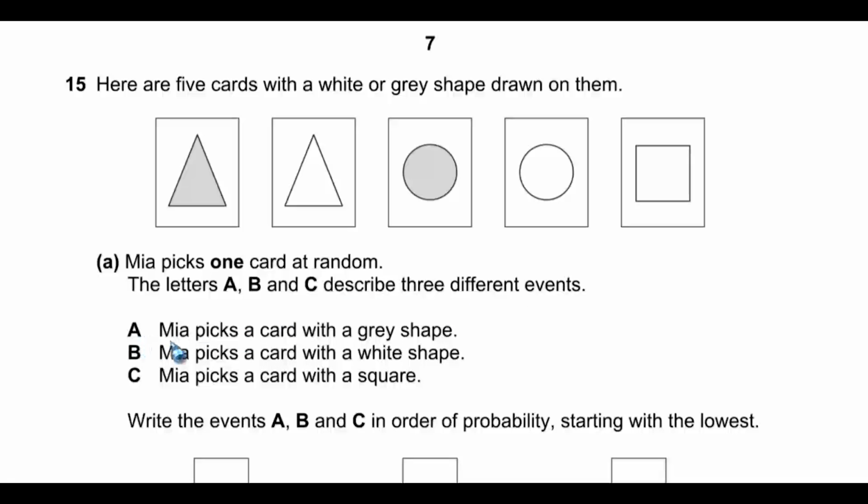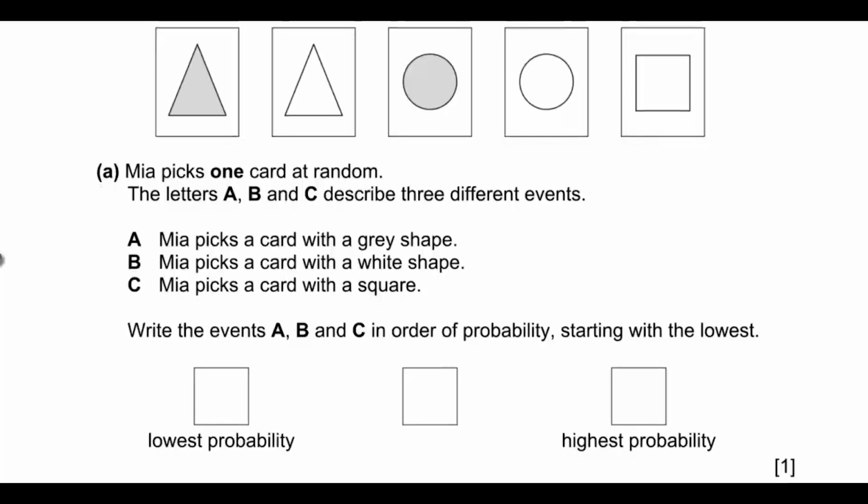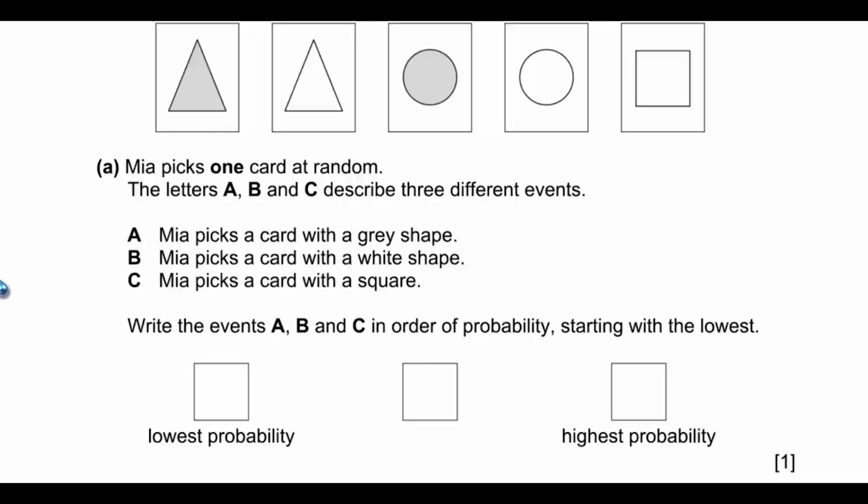The first event is Mia picks a card with a gray shape. The second event is Mia picks a card with a white shape, and the event C, the third one, is Mia picks a card with a square.